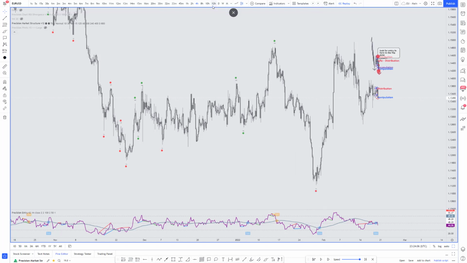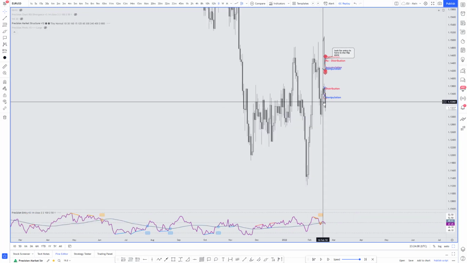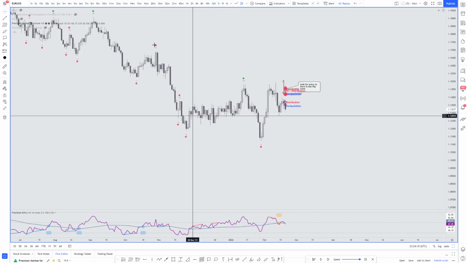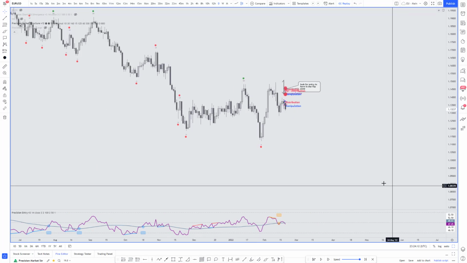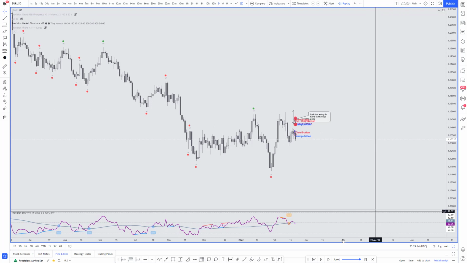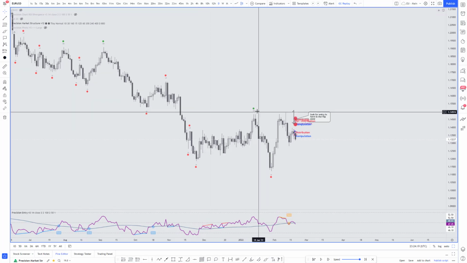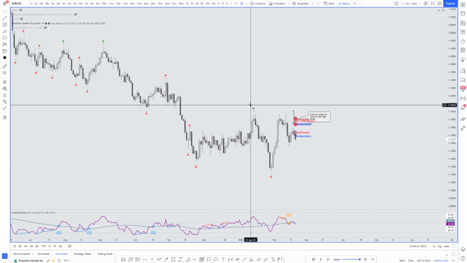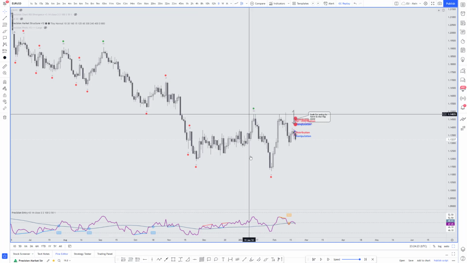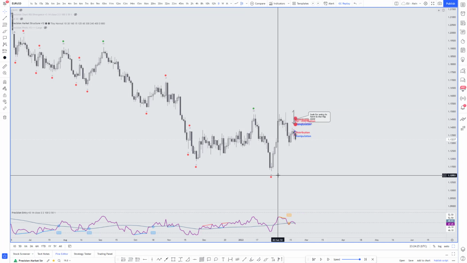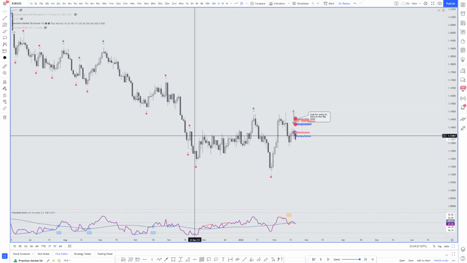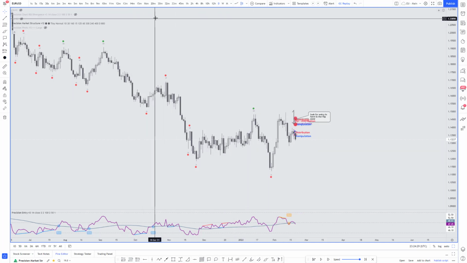On the daily, the last thing we did, and this is an Oanda chart for anyone that wants to double check, the last thing the daily did was we put in a low, then we became unconfirmed bullish. However, we never got a chance to confirm the trend by making a second high, and we put in another low. So that puts us back to being confirmed bearish, at least on Oanda's chart.